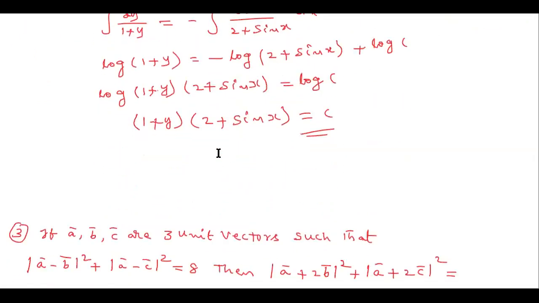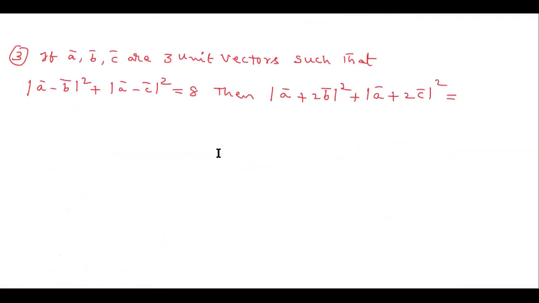Okay. Next, I'm going to the third question in vectors. This is a very easy question. Read the question first. If a bar, b bar, c bar are 3 unit vectors, we know that mod A bar, mod B bar, and mod C bar are equal to 1. They are given the condition mod A minus B whole square plus mod A minus C whole square is equal to 8.